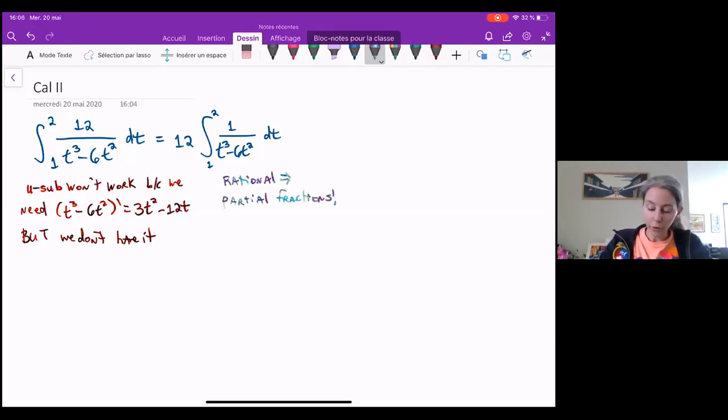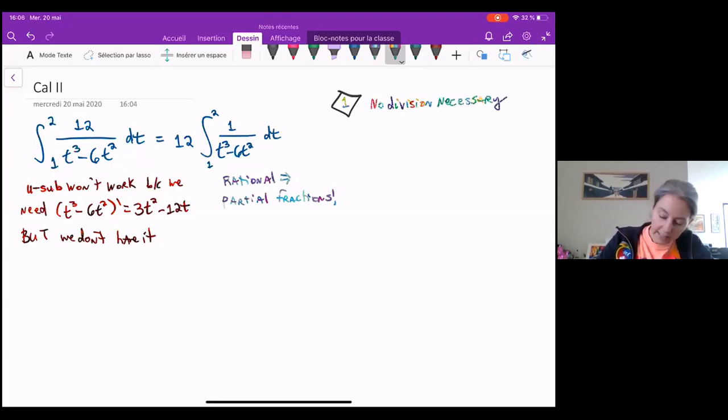The first step of partial fractions is to divide if necessary. Do I need to divide here? Nope, no division necessary.